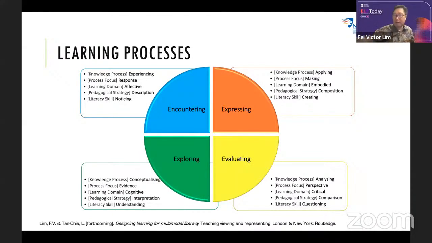And the next process is in relation to expressing, where we get students to then have the opportunity to apply what they have learned through making of artifacts themselves.